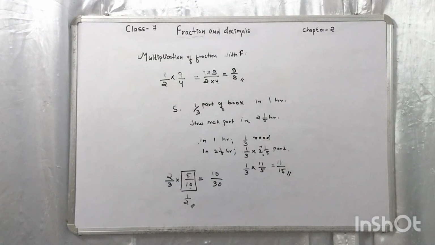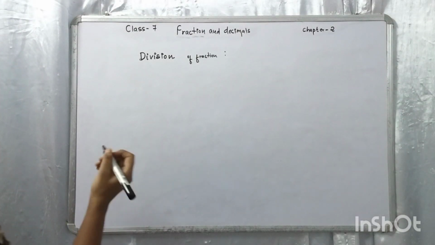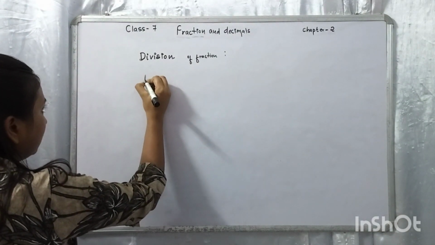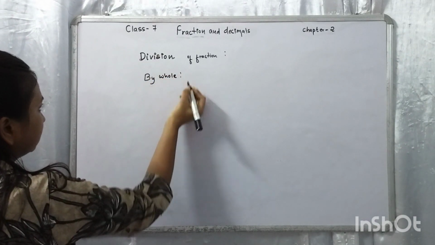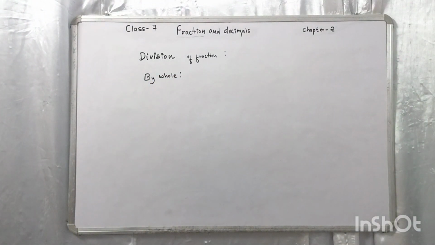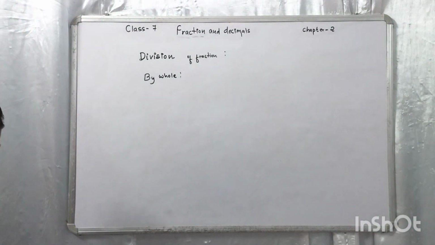Now we will move forward to division of fraction. First again we will see how to divide it by a whole number. Firstly we studied how to multiply by a whole number. Now division of fraction by whole number. Fine.